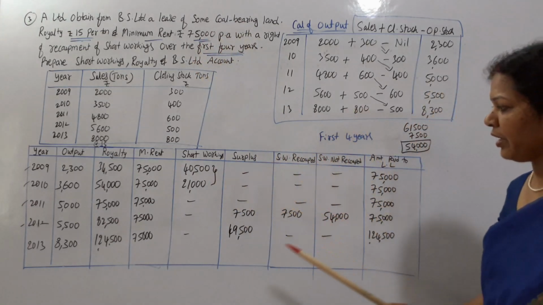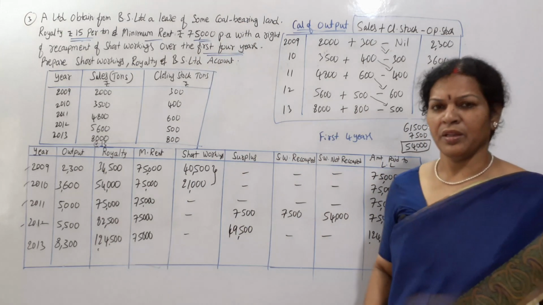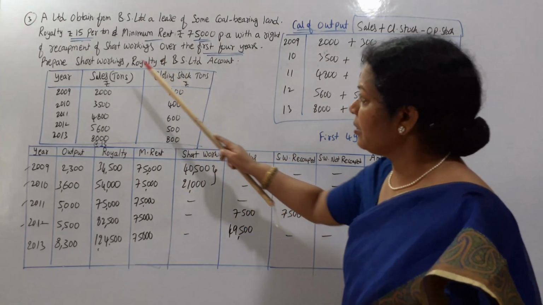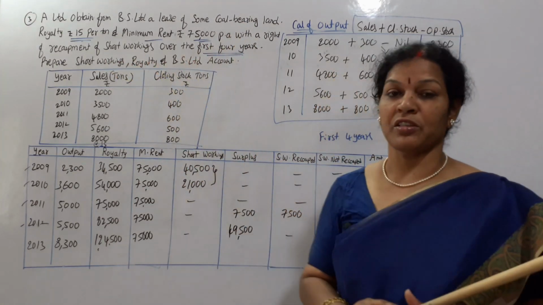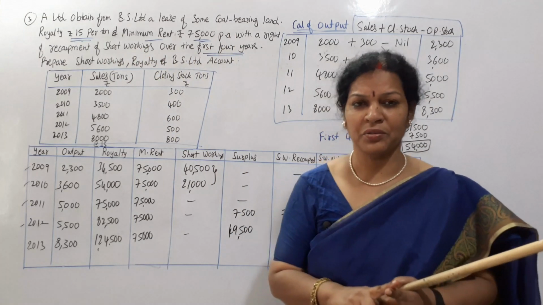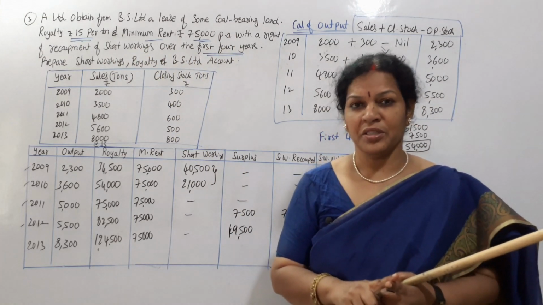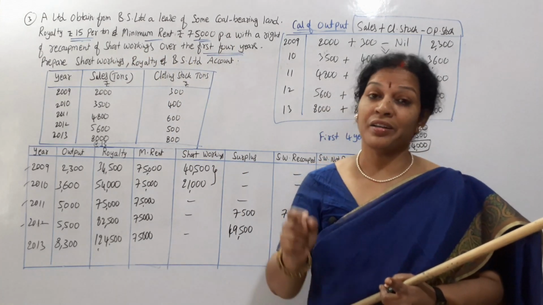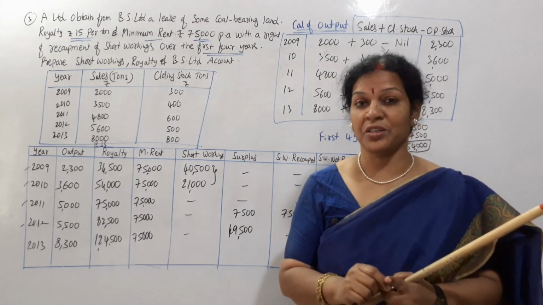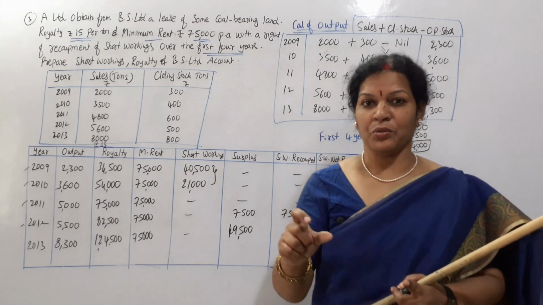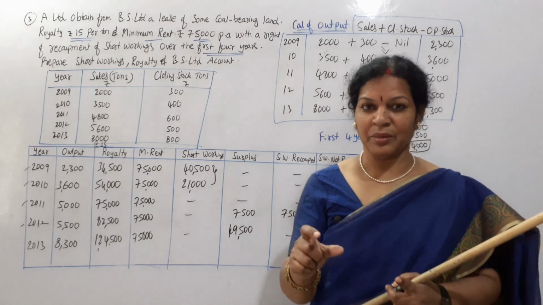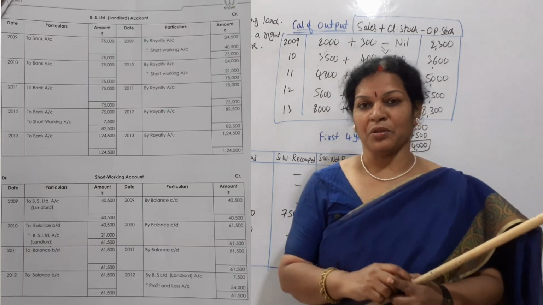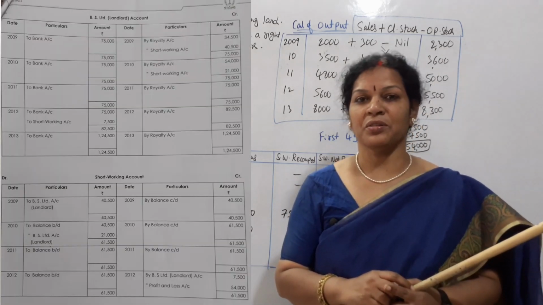We have done as per this simple problem. They are also asking us to prepare the short workings, royalty and landlord account. I think you can work out the ledger accounts. If you have done it, you can check your answers properly. Here on the screen I am giving you my answers also. You can just check it out.